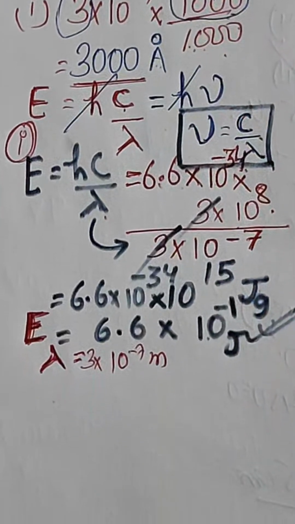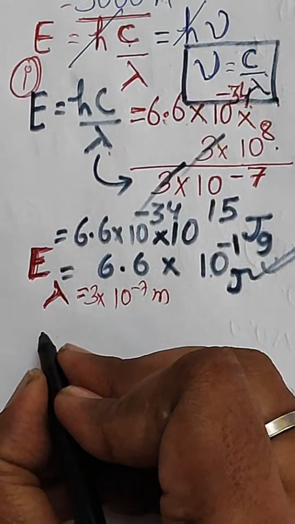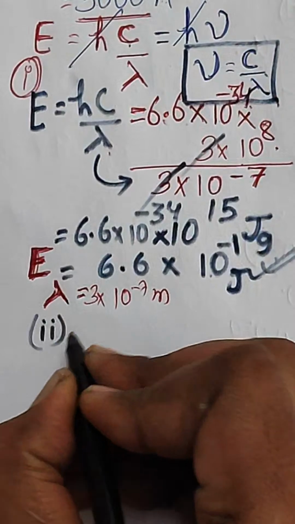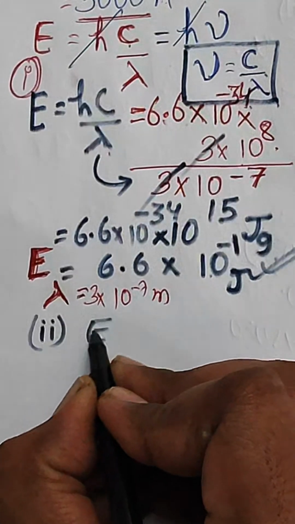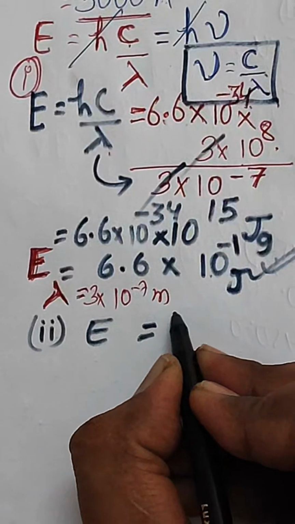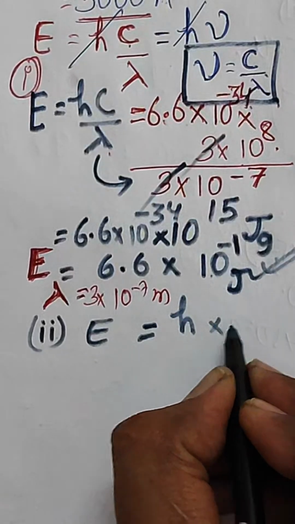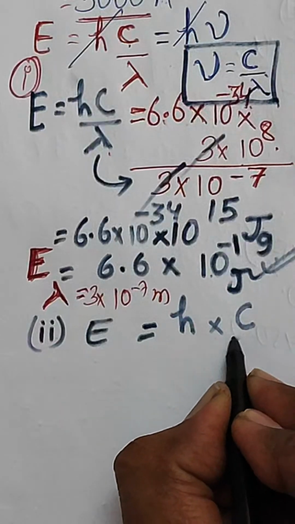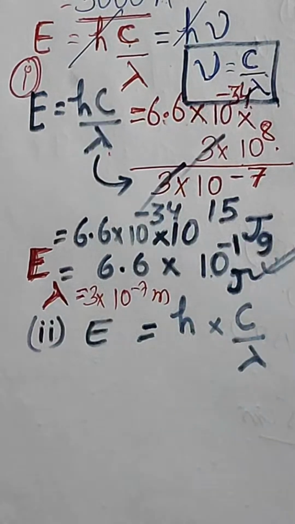So now solving the second question, we will use the same formula. Energy will be given as h multiplied by c divided by lambda.